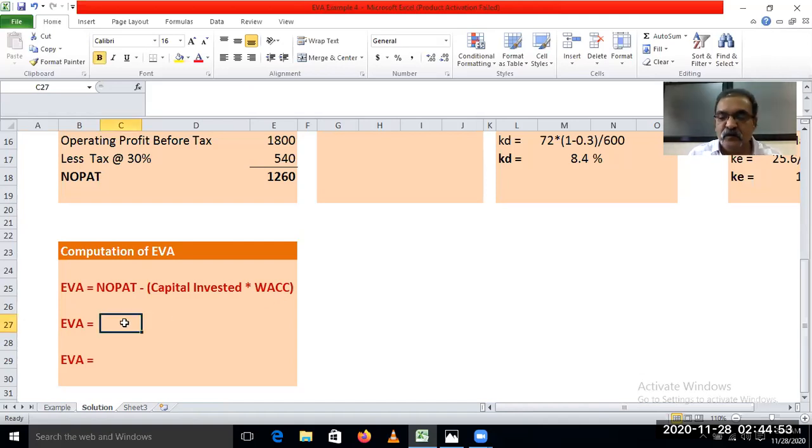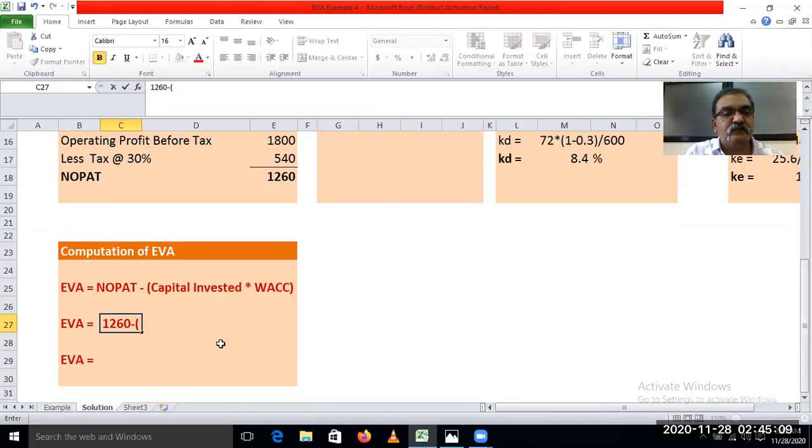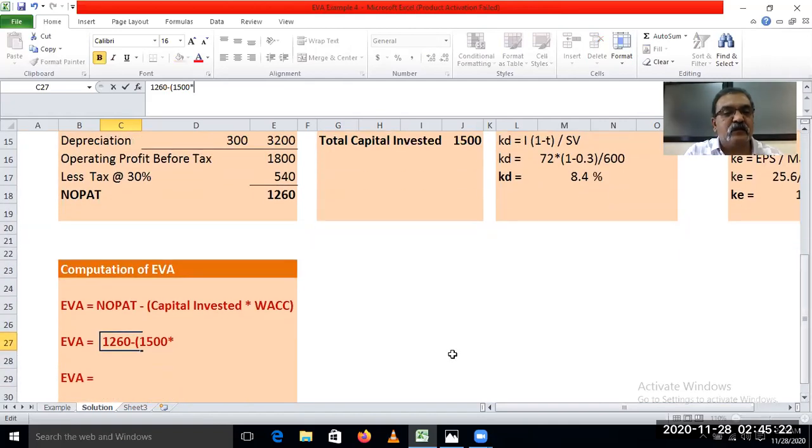So that is equal to net operating profit after tax 1260 minus bracket capital invested rupees 1500 into WACC, what we have just calculated. WACC is 12.96%. Bracket complete.